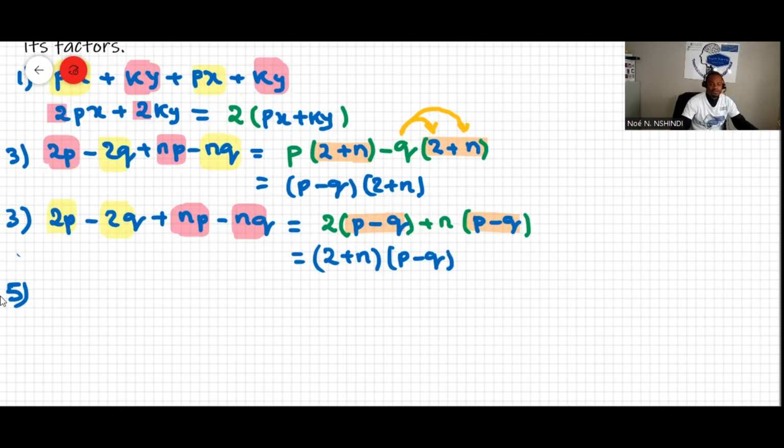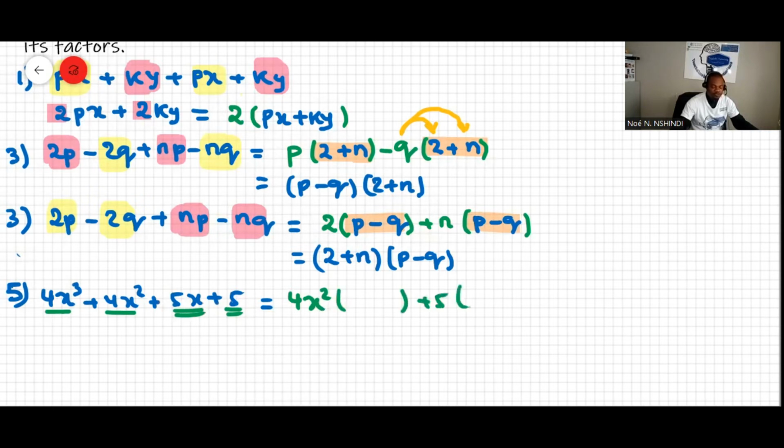Now, question 5. I'll leave question 4 for you to practice. Question 5, we have 4x cubed plus 4x squared plus 5x plus 5. Now, let us factorize this. I prefer to do the first two and the last two. Over here I can take 4x squared as a common factor, and then 5 also as a common factor.